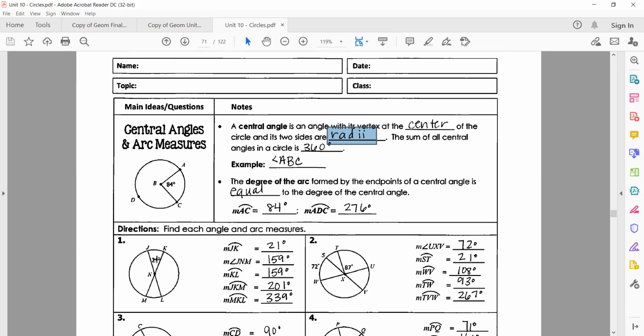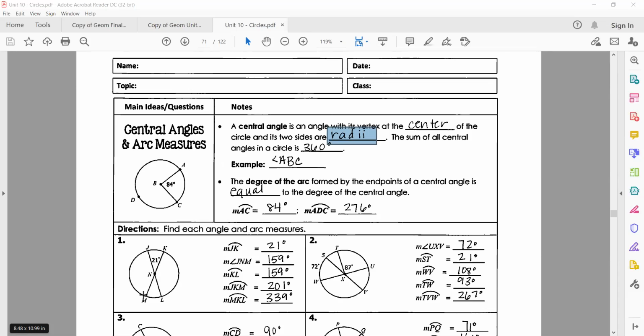This first problem, there are 4 different radii that are shown. Because if I go to the center here and then straight out to the edge of the circle, there's 1 radius, NJ, NK is another, NL is another, NM is another. That's where the word radii comes from.